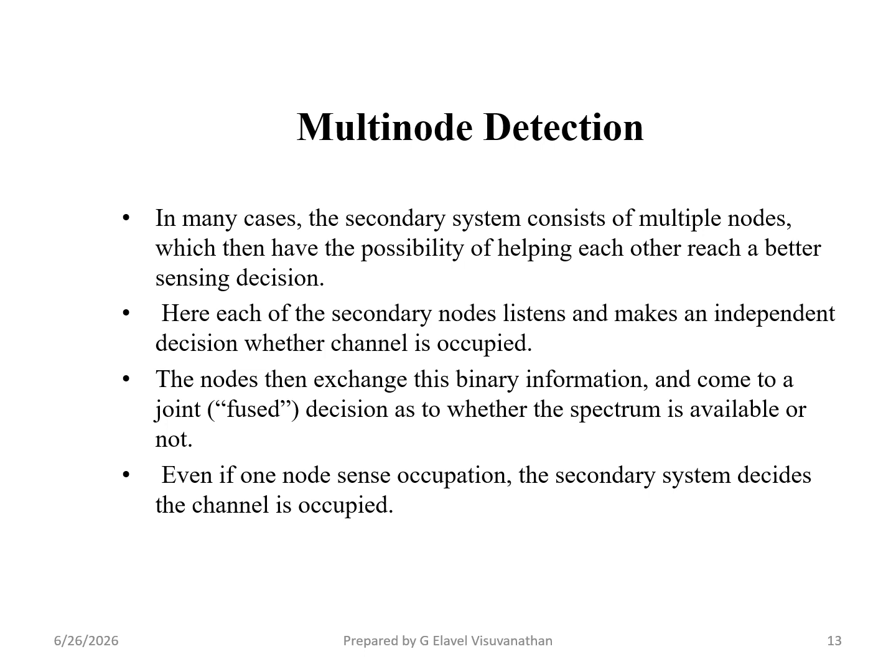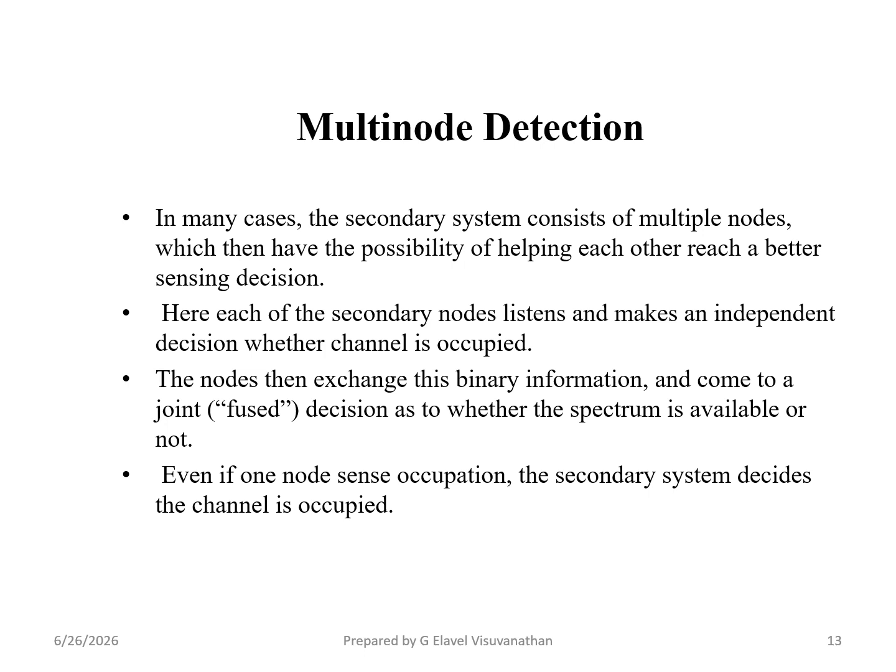The nodes then exchange this binary information and come to a joint decision as to whether the spectrum is available or not. Even if one node senses occupation, the secondary system decides the channel is occupied.